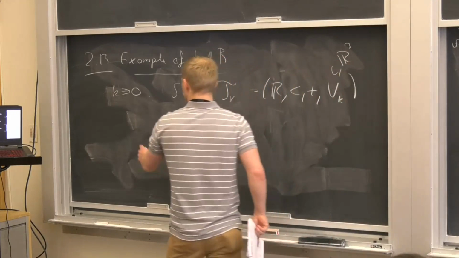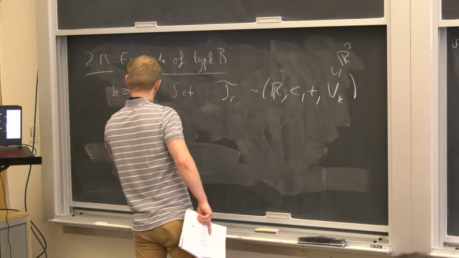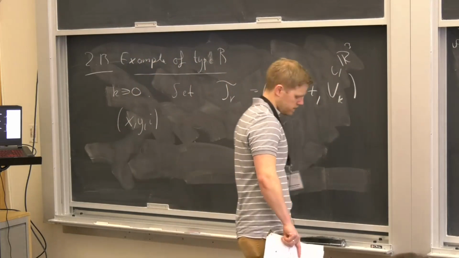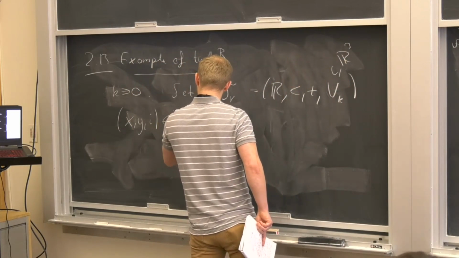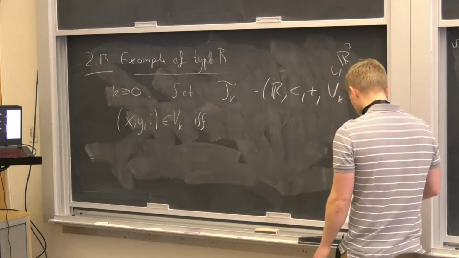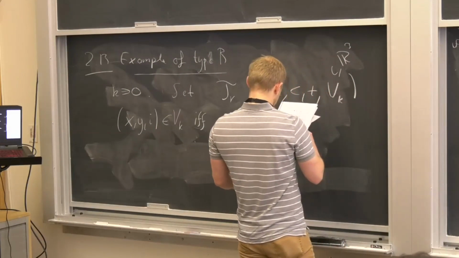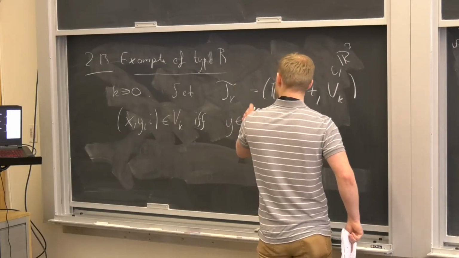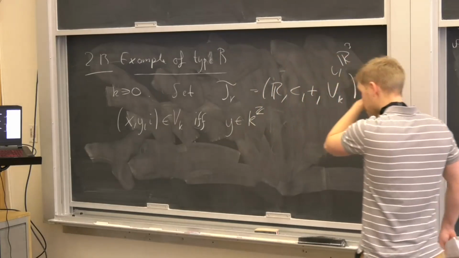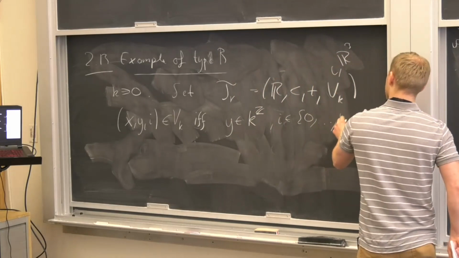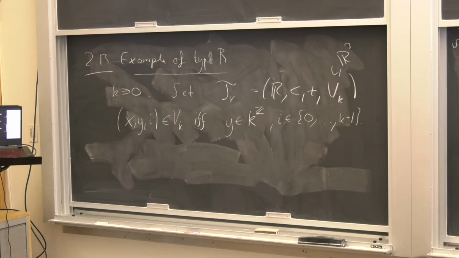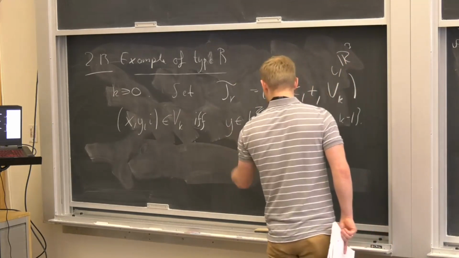So this will hold for a tuple (x, y, i) in V_k if the following is true: y is in k to the z, that's the power of k, and i is in 0 to k minus 1. The idea being that i is a digit in the k-ary representation of x at the position corresponding to y.